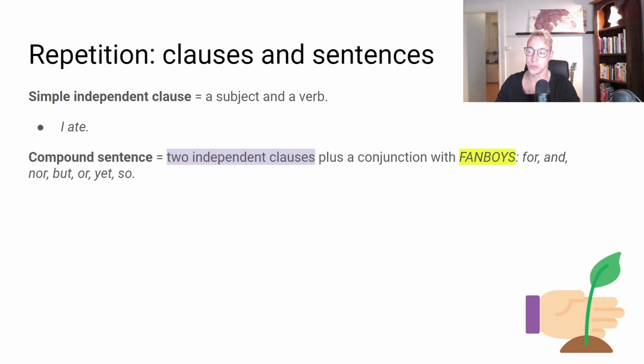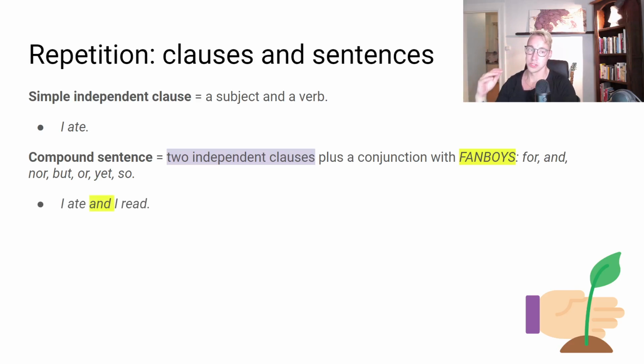And what you're going to do now is you're going to use one of the conjunctions here from what we call fanboys. So fanboys stands for for, and, nor, but, or, yet, and so. So please remember fanboys, and it will make it easier for you to create a compound sentence, right?